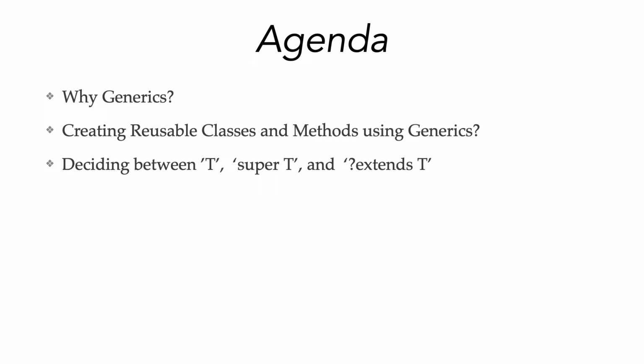When we pass '? extends T' into any method as a parameter, what does it mean? Same with '? super T' when we pass it in any method, what does it mean? I'm just trying to make you understand what it actually means, and practically we'll also see how we can implement it.